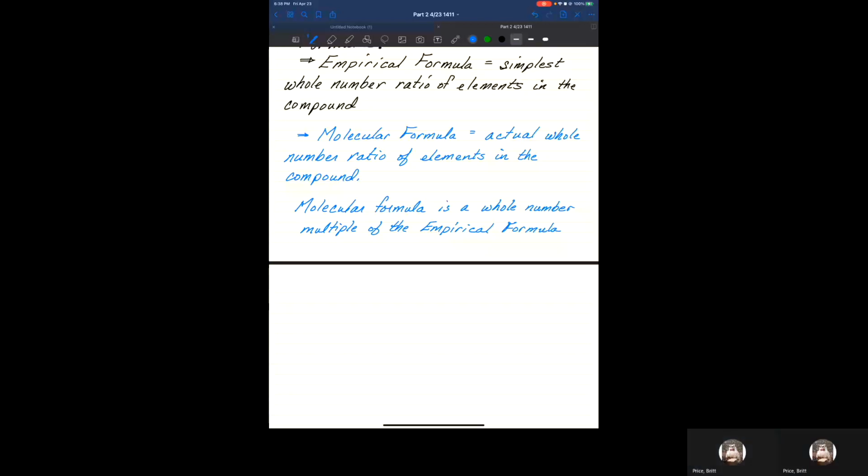If you take a ratio of the molar mass of the actual compound and divide it by the molar mass of the empirical compound, you will get that multiplier.